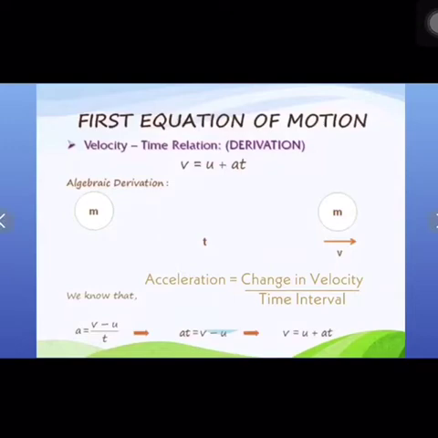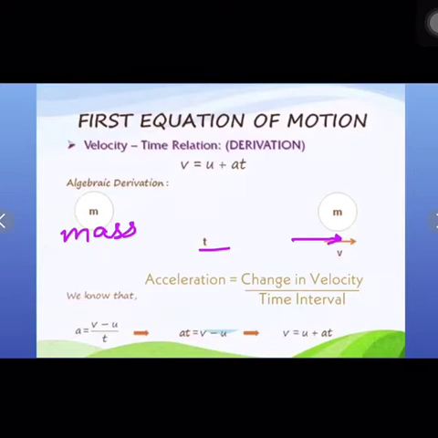So consider an object having mass m moving with velocity v at any time t. Now we know that acceleration is equal to change in velocity upon time interval.